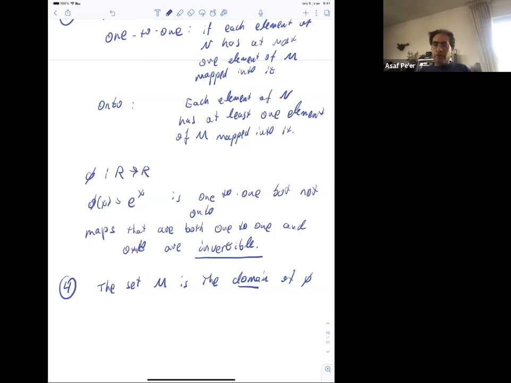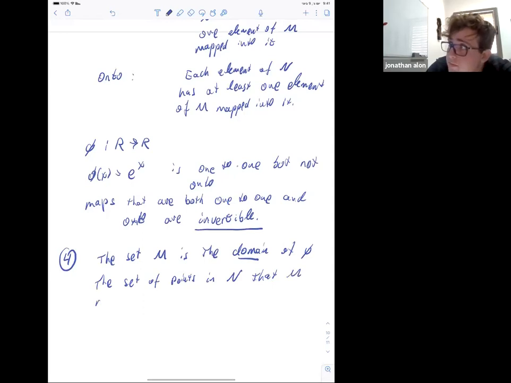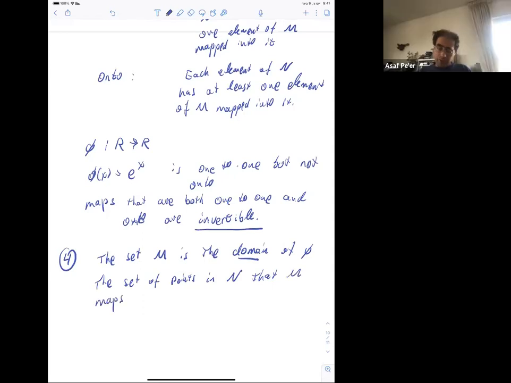How do we call the set of points in N that M maps onto? Image.